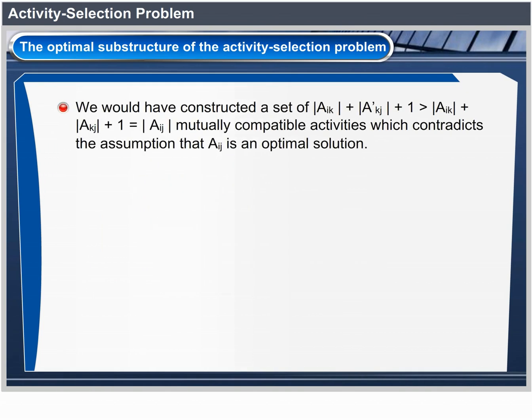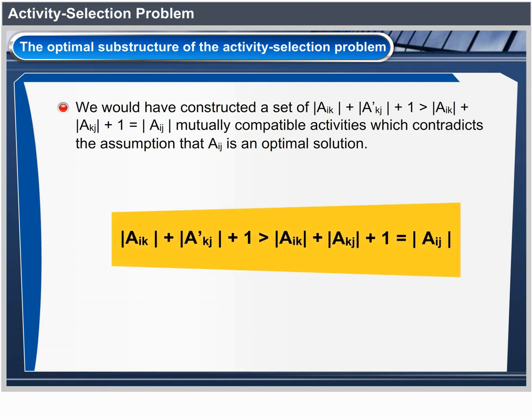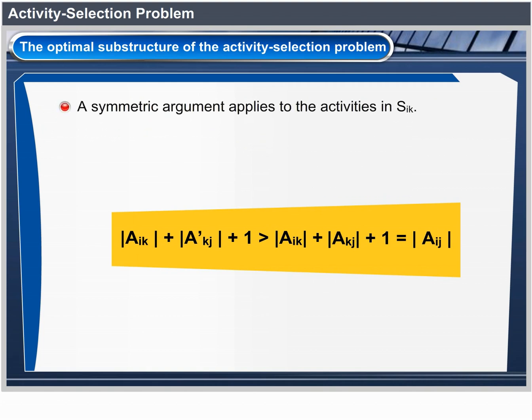We would have constructed a set of |Aik| + |Akj'| + 1 > |Aik| + |Akj| + 1 = |Aij| mutually compatible activities, which contradicts the assumption that Aij is an optimal solution. A symmetric argument applies to the activities in Sik.